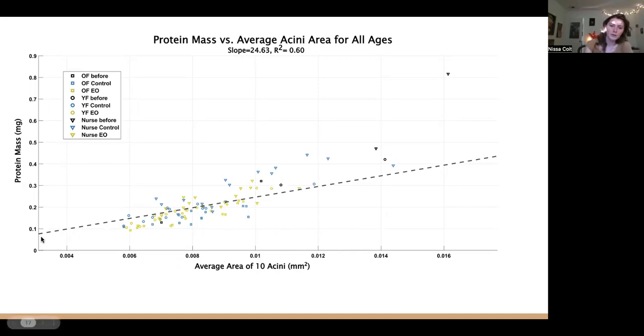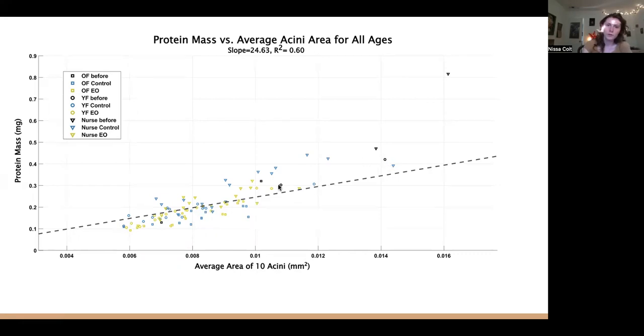But I'll explain a little bit more about this graph. So this is all of the age groups, all of the days, and what we have are the before bees, which are the black ones. So the nurse bees are the triangles. They had really big acini and a large amount of protein in their acini.